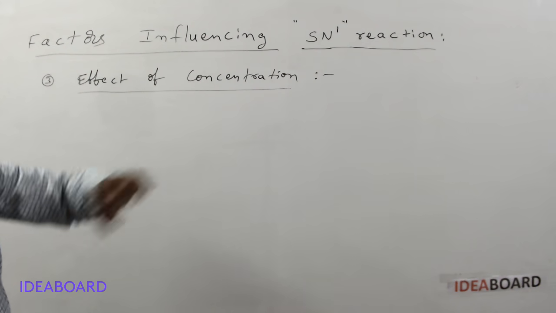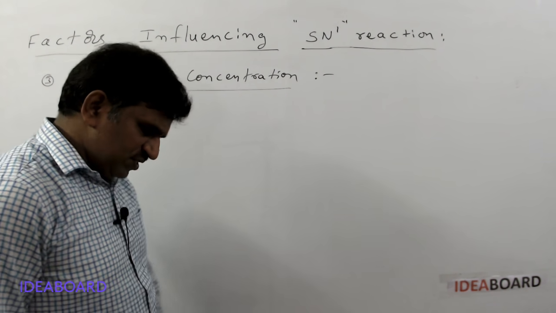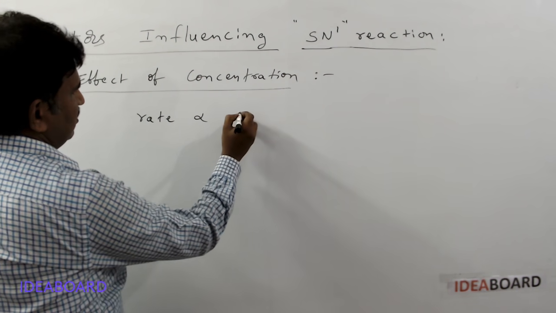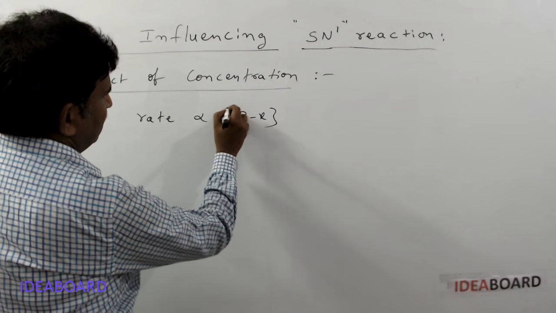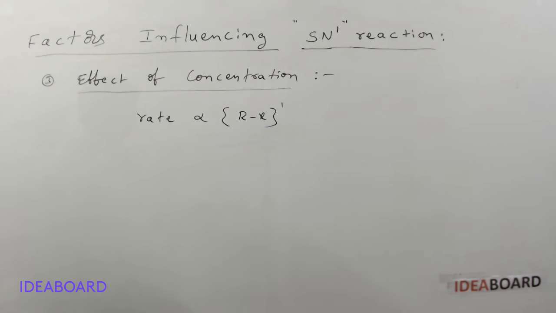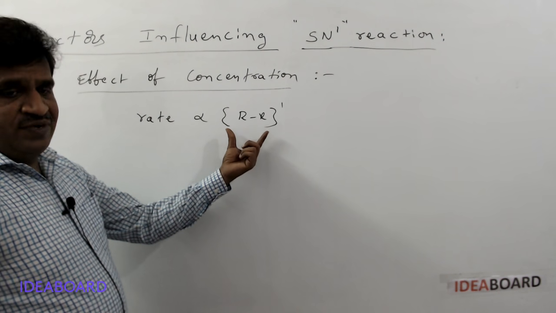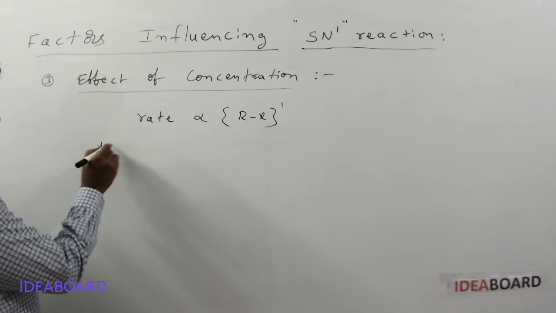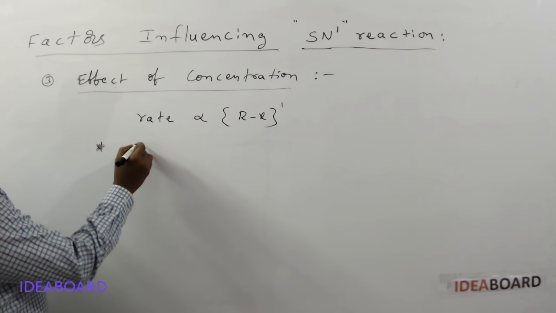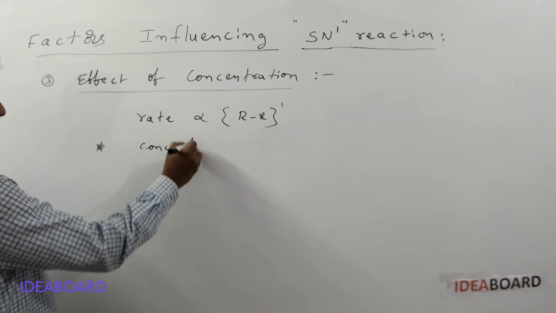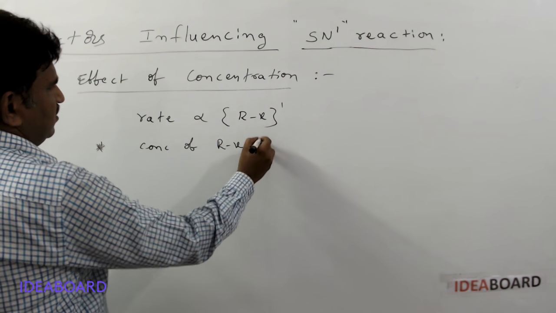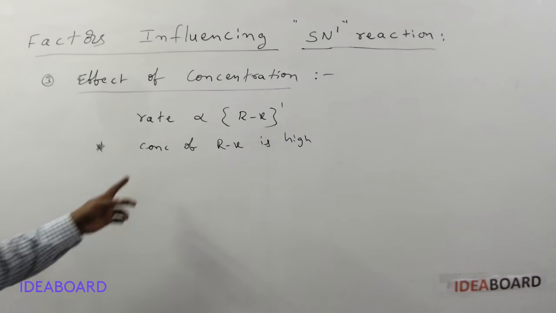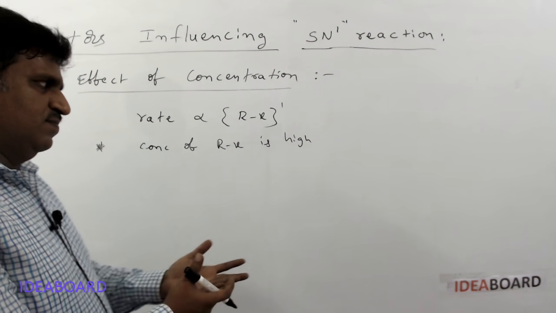Third point, effect of concentration. What is the rate of reaction we gave? Rate is directly proportional to the concentration of alkyl halide to the power 1. It depends only on the concentration of alkyl halide. So we can write two points. The first point: the favorable condition is that the alkyl halide concentration must be high.